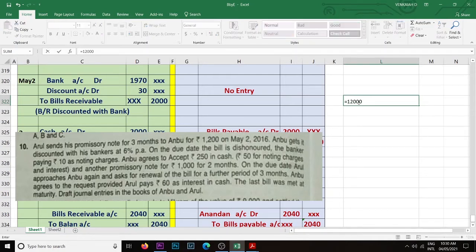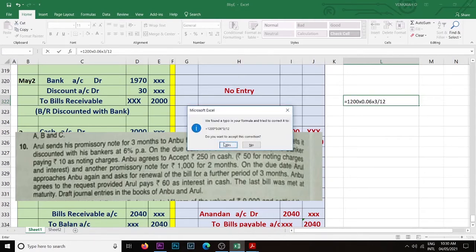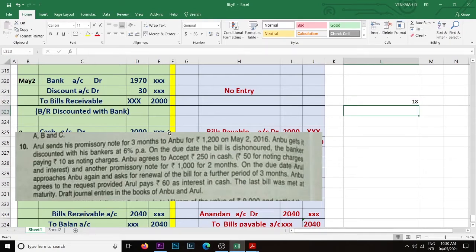Bill amount 1200, rate of interest is 6%, into bill time period is 3 divided by 12. 18 rupees is the discount amount. Bill amount is 1200, so the bank amount is 1188. 1200. Okay, no entry in the books of Arul.